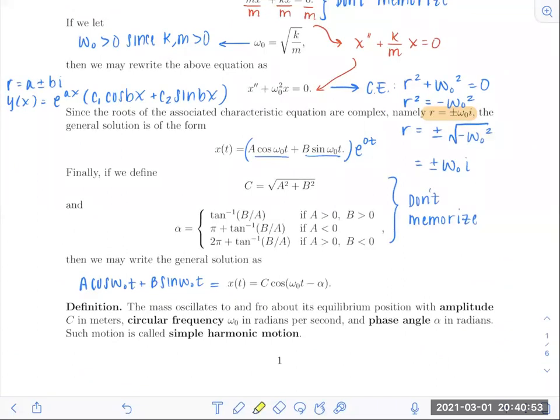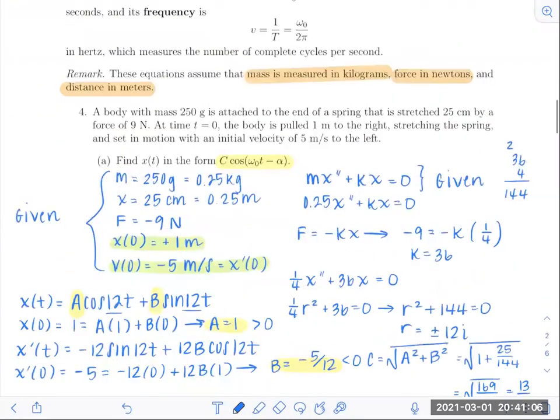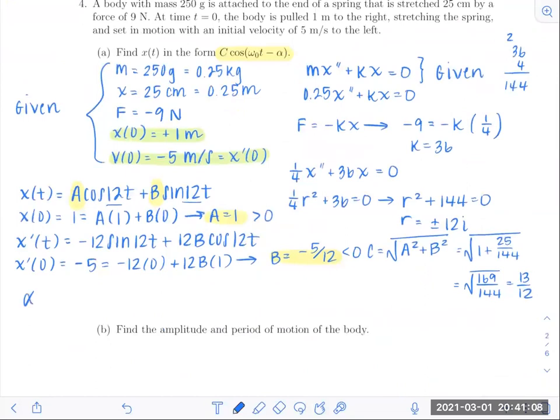All right, a is positive and b is negative, is falling into this bottom category. So I want to take 2 pi plus tangent inverse of b over a. All right, so alpha equals 2 pi plus tangent inverse of b over a.